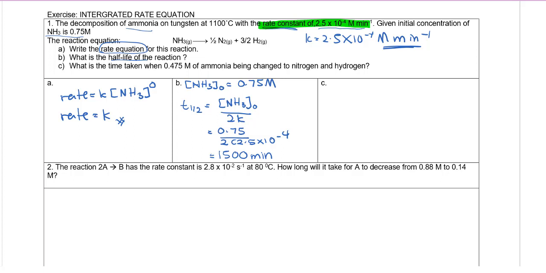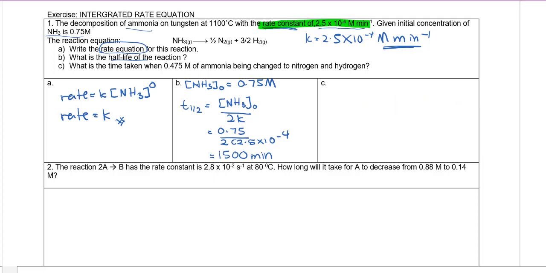So 1,500 minutes is the time taken for the initial concentration 0.75 to become half. Half is 0.375. So from 0.75 to become 0.375 molar, the time taken is 1,500 minutes. Okay, so that is half-life.